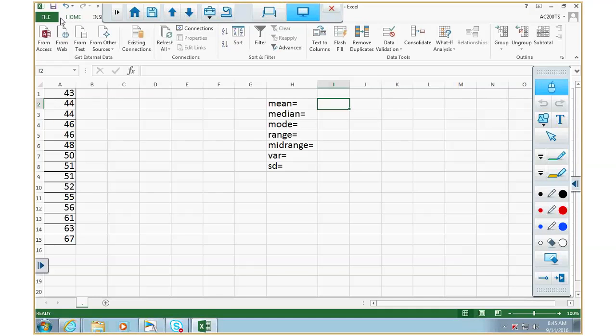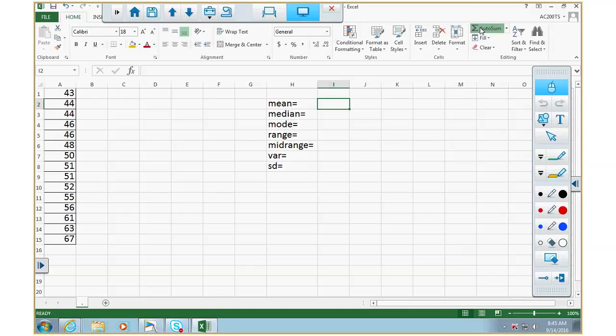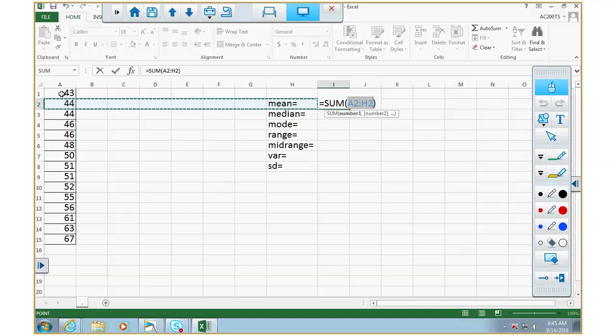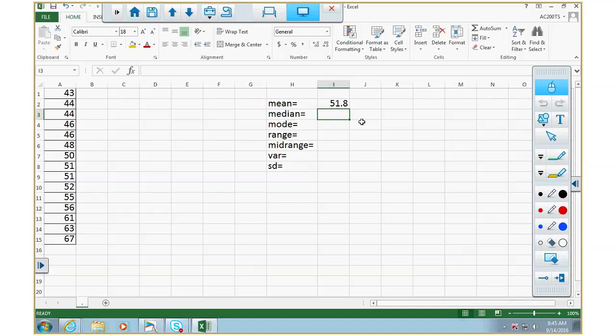Anybody counted them yet? N is 14, divided by 14, 15. So 15 means I go 7 down. 1, 2, 3, 4, 5, 6, 7. So there is my median.